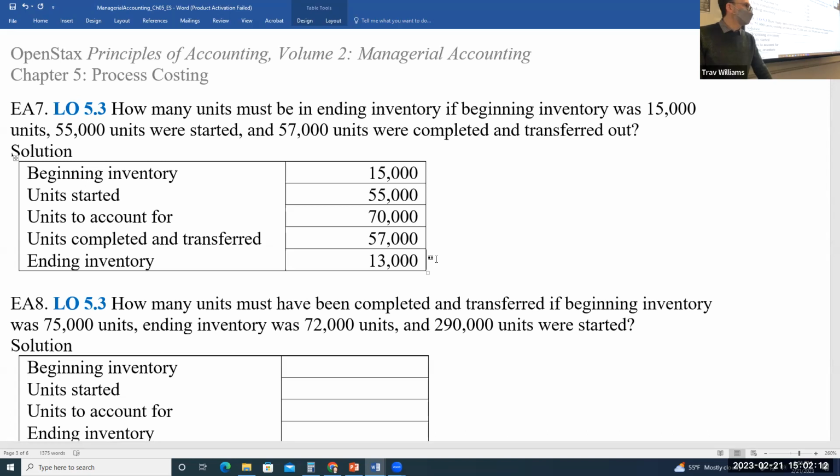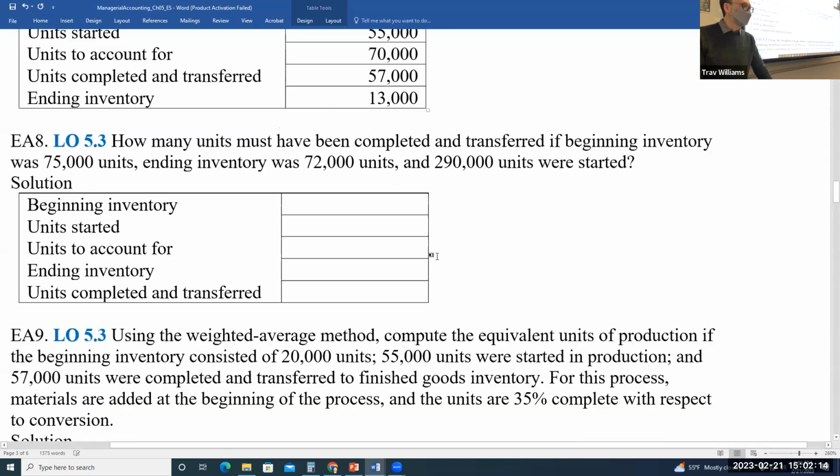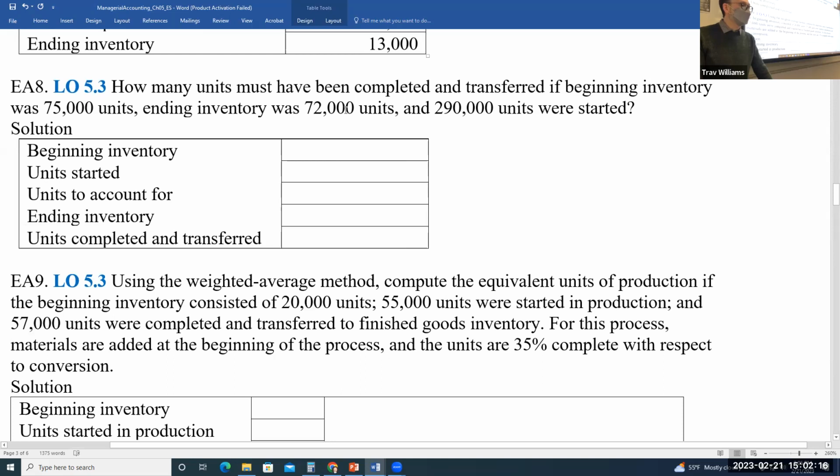Any questions on number 7? Okay. Number 8, how many units must have been completed and transferred if beginning was 75,000? That'll go under beginning. Ending is 72,000. And we started 290,000. Okay. So what is our units to account for?